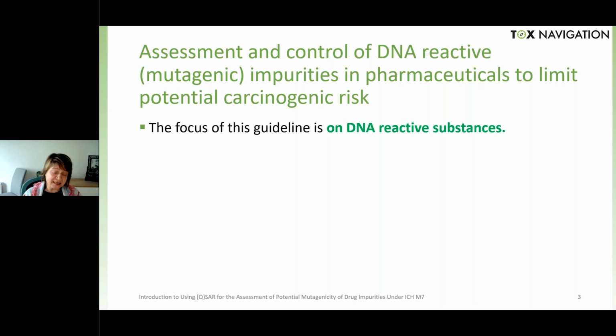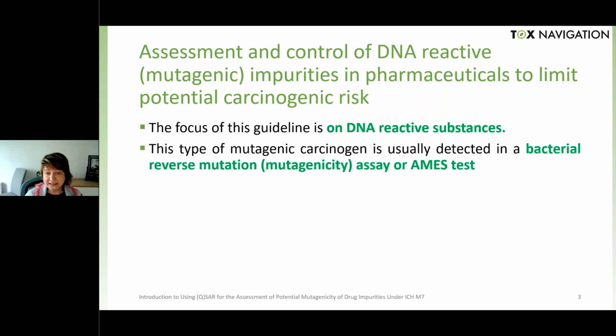And the assay that is typically used for mutagenicity in vitro, and that is described in the guidelines, is called the bacterial reverse mutation assay, or the Ames test.